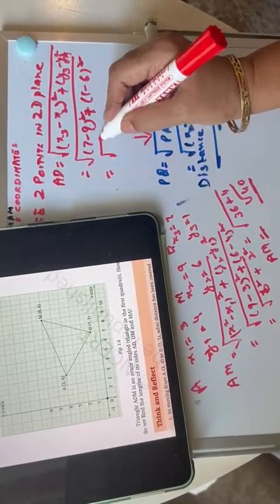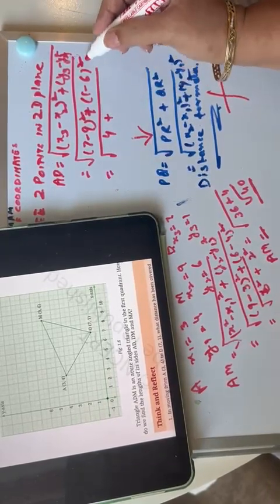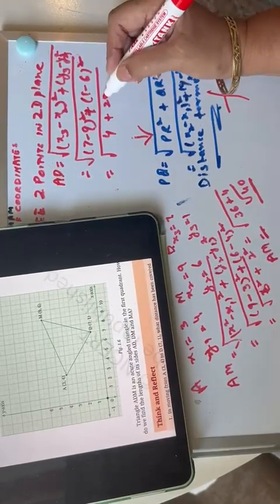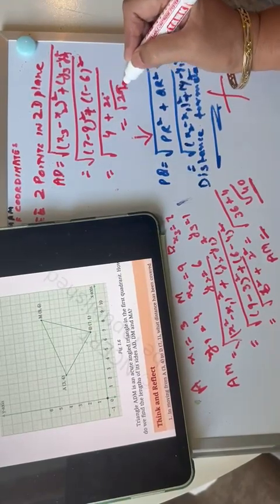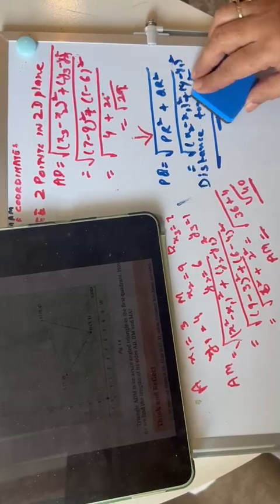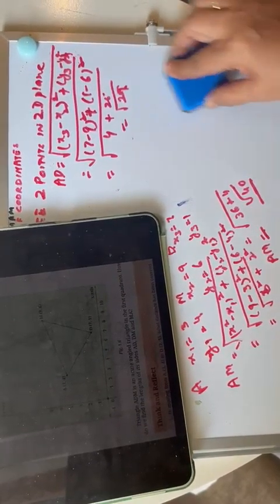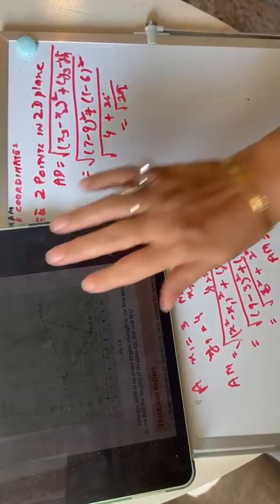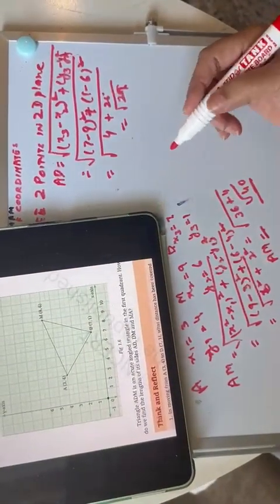So this comes out to be minus 2 square is 4 plus minus 5 square is 25, under root 29. This is AD. Now we have to find DM.